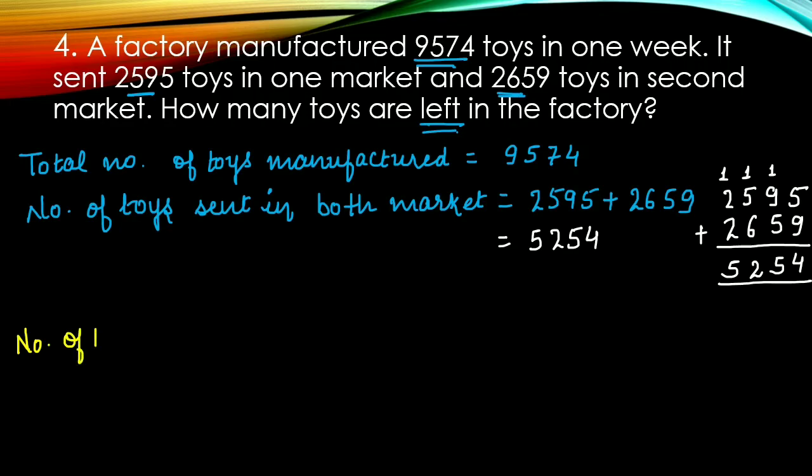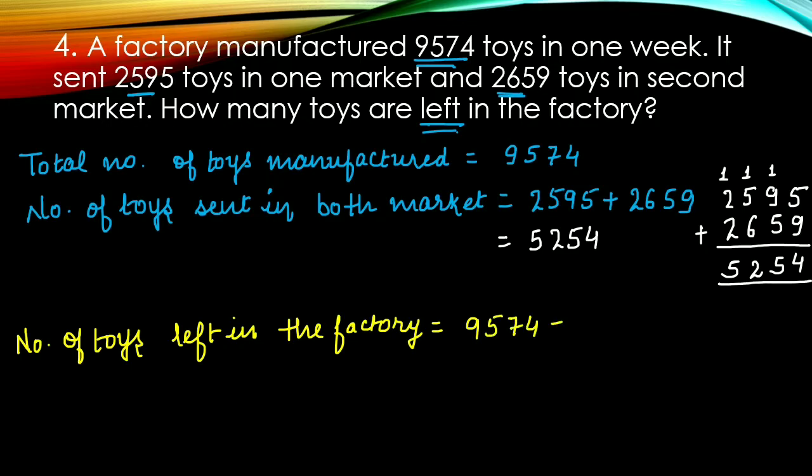Now we have to find out how many toys are left in the factory. So number of toys left in the factory is equal to total number of toys, that is 9574, minus number of toys sent in both the markets, so 5254. So subtract them now. 9574 and 5254.